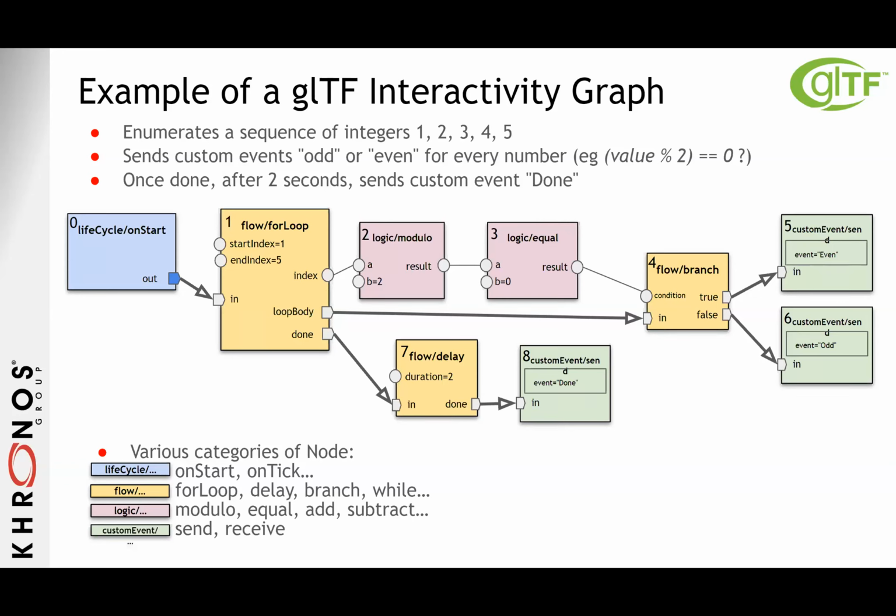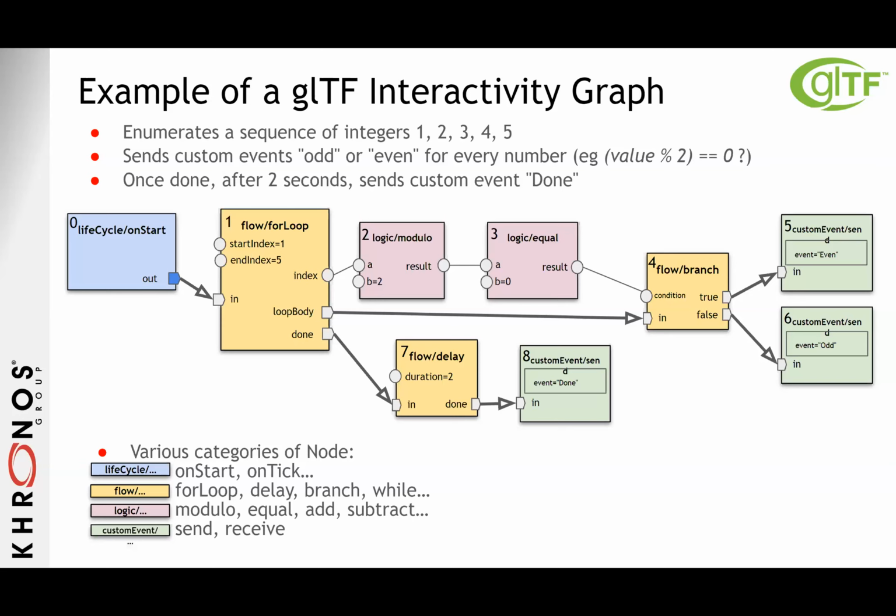We chose the name branch instead of if because apparently it's the proper naming in Unity and Unreal. Depending on the result of the incoming Boolean that comes into the condition socket, we either send odd or even custom events.